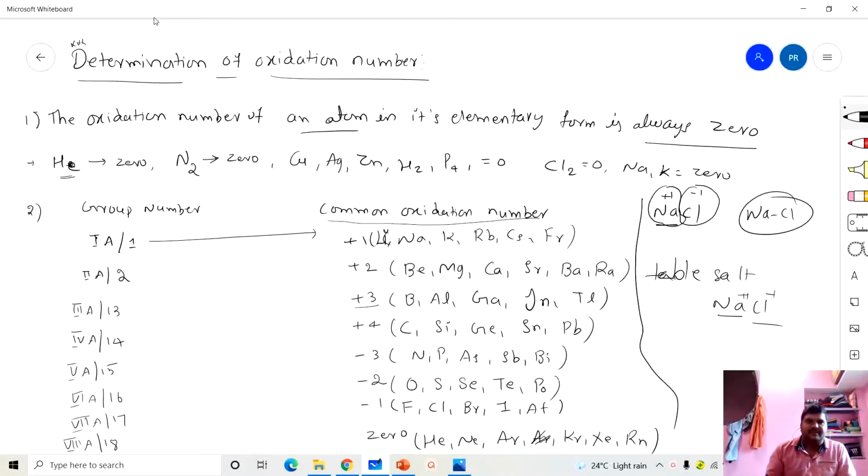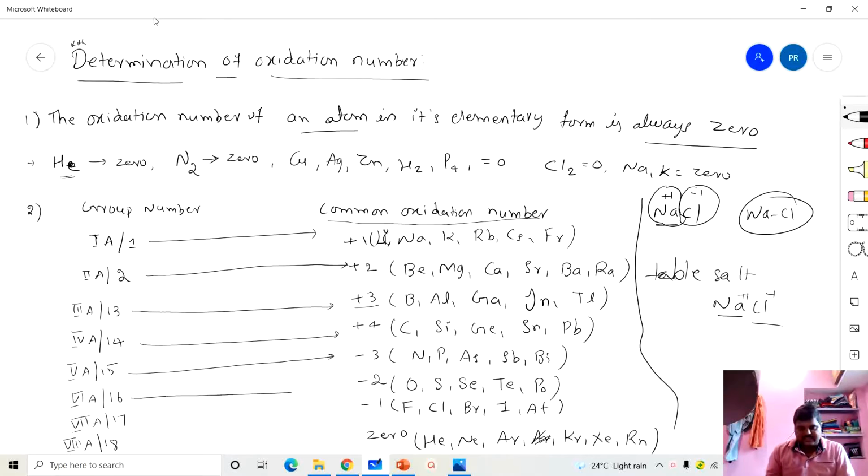Second one I have given: first A +1, second A +2, third A +3, fourth A +4, 15th -3, 16th -2, 17th -1, 18th 0. This is the common oxidation number. Sometimes that may differ. Those are exceptional cases that we will discuss later. This is the common oxidation number. You have to remember it. Okay.